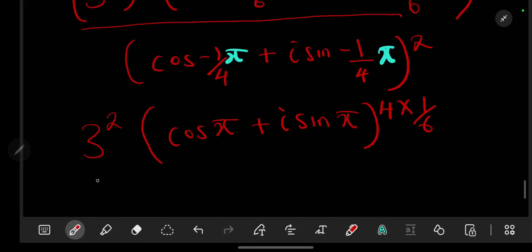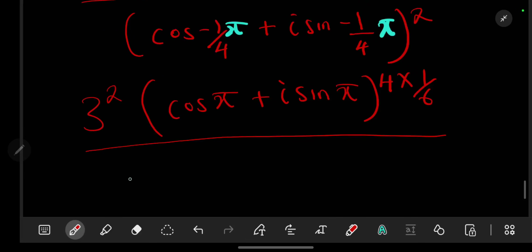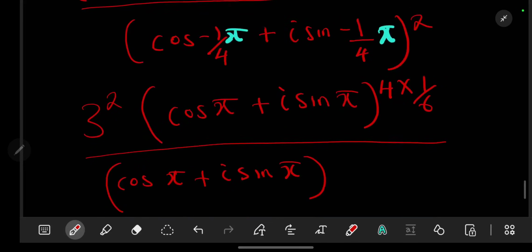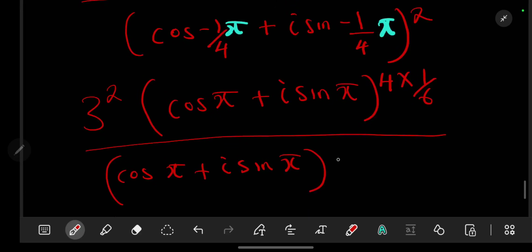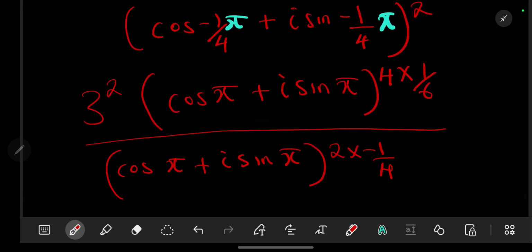Then we have over cos of pi plus i sine of pi, then this to the power of 2 times negative 1 over 4.